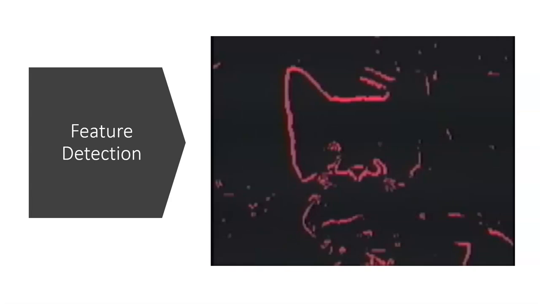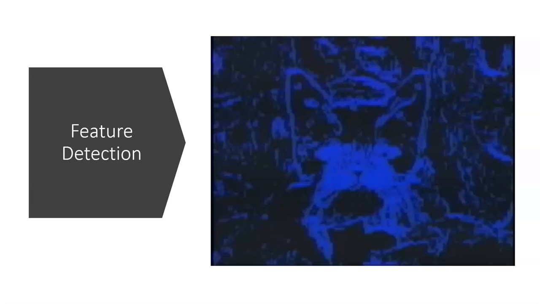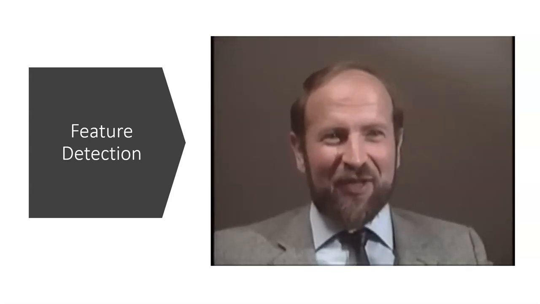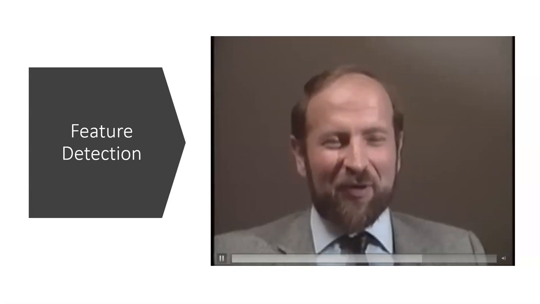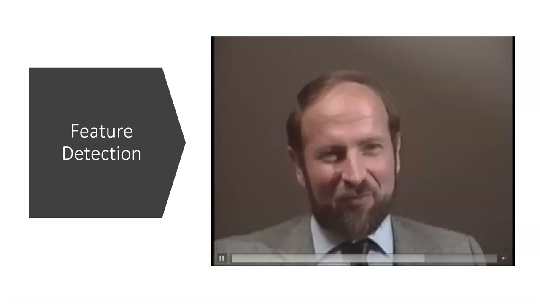Here, you can see the results of the red, green, and blue edge detectors. Look at the blue edges. It is hard to believe that there is a cat in there. What I'd like to show you now is the kind of information that the brain uses in order to make sense out of these messy images.